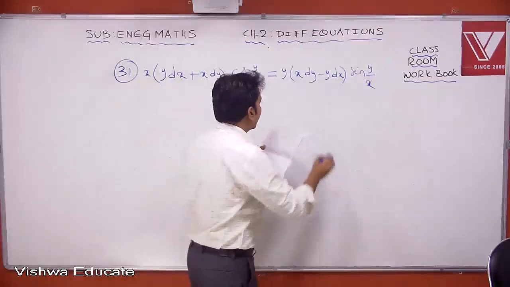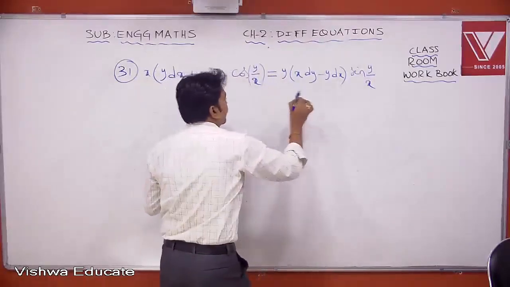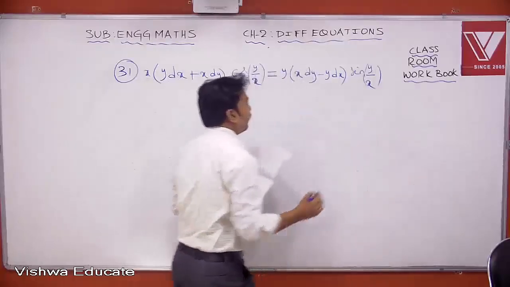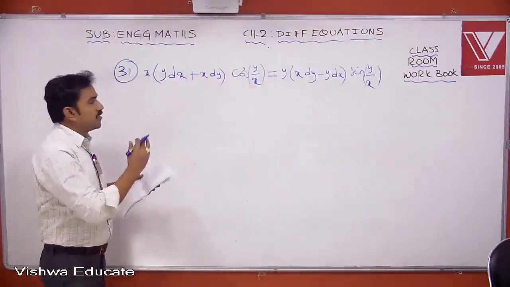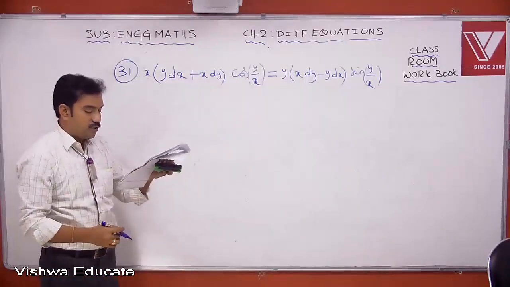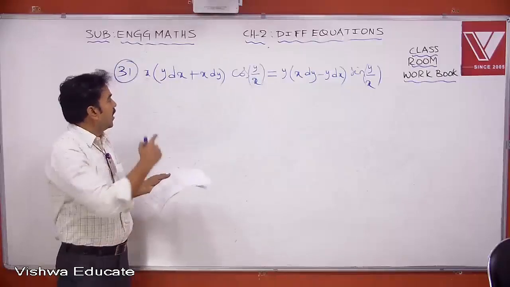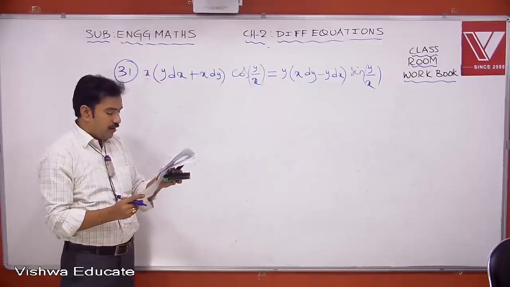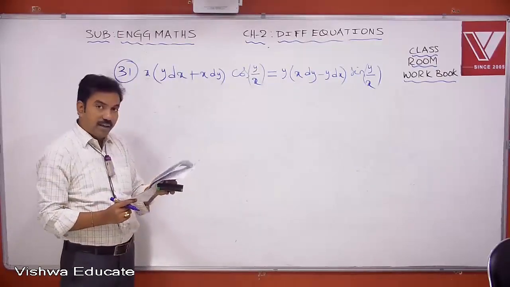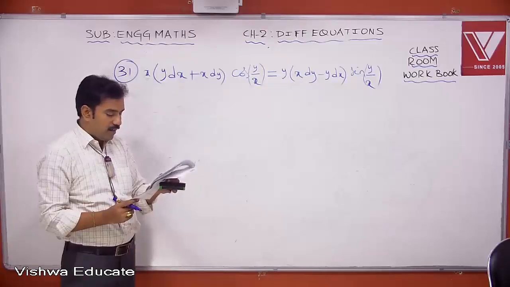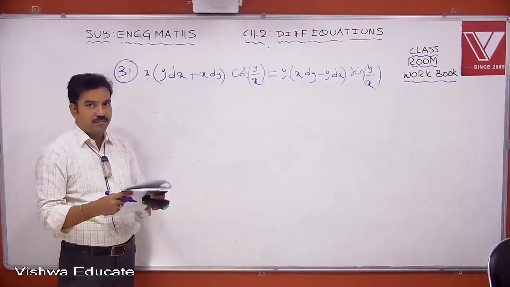So you need to find the general solution of this equation. This is cos of y by x, this is sin of y by x. Now it seems to be a complicated first order first degree differential equation.